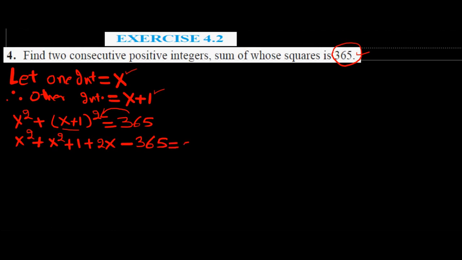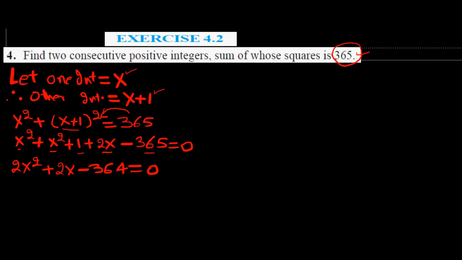So this is equal to 0. Now x square plus x square will become 2x square. This 2x will become plus 2x, right? Then plus 1 and minus 365 will become minus 364, and this is equal to 0.